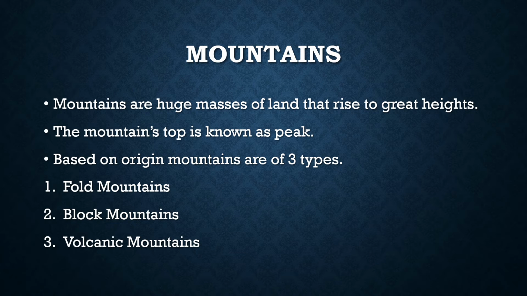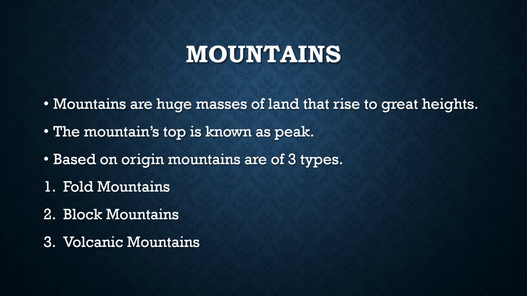The mountain's top is known as peak. A peak may be pointed or rounded depending upon the age of the mountain. If the mountains are young mountains, then the peak is supposed to be pointed. If the mountains are old mountains, the peaks are normally rounded.